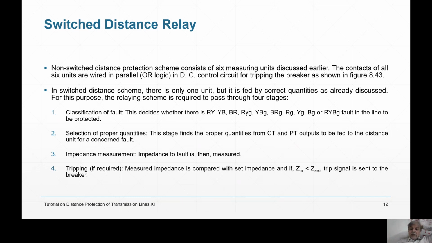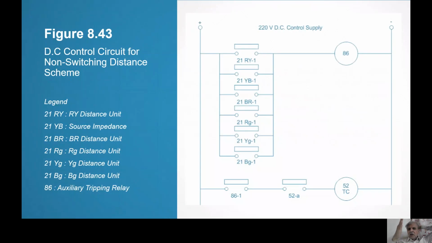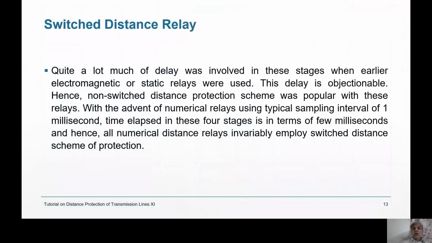Rather than that, what did people do? People did this. Connect all 6 contacts in parallel. Whichever operates will trip this breaker. Right? So that was done in earlier days. But now, the numerical relays have come up and their sampling time is 1 millisecond.